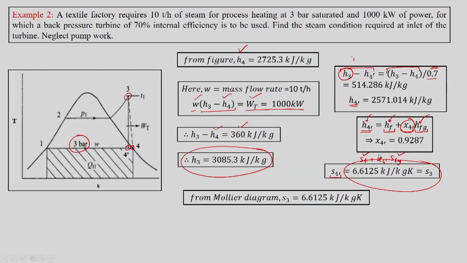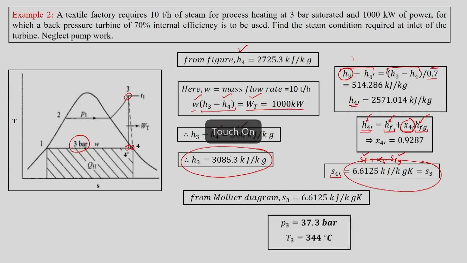So, knowing entropy and enthalpy, we can find out basically the pressure and temperature at state 3 as well. If we are not following the Mollier chart, we can go to the steam table, go to the particular entropy and then find out for this entropy when we would have enthalpy which is H3, and then we can take those pressures and temperatures. This point logically at this moment is lying in the superheated part of the steam table.